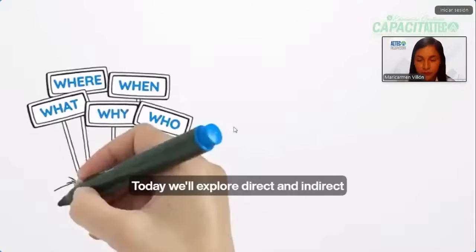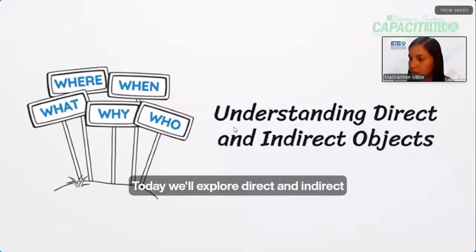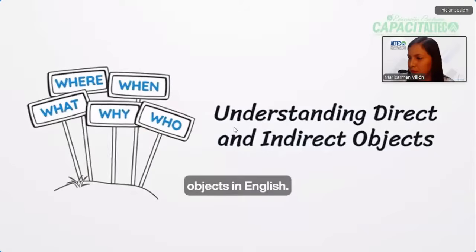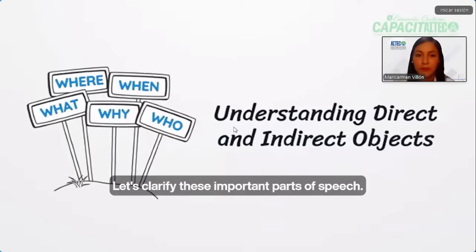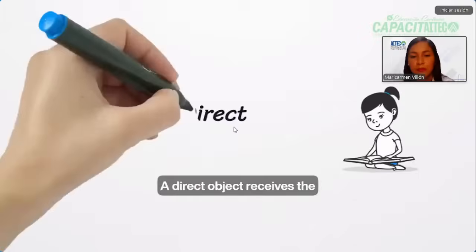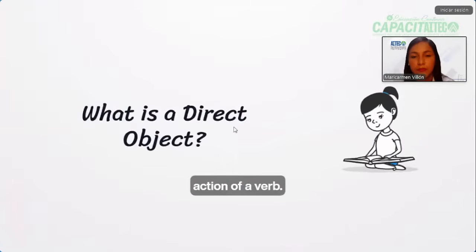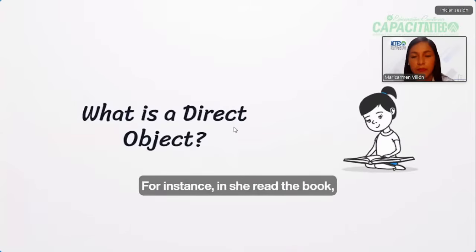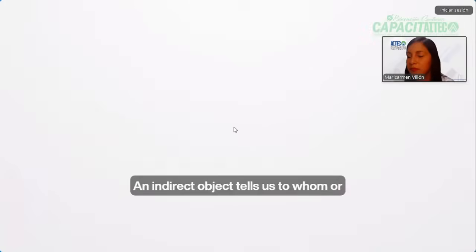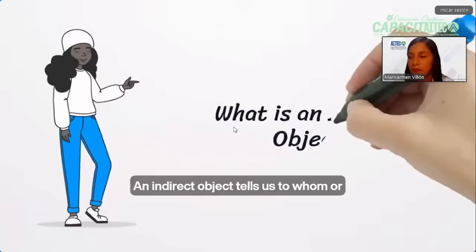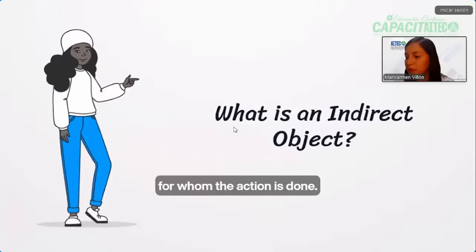Welcome. Today we'll explore direct and indirect objects in English. Let's clarify these important parts of speech. A direct object receives the action of a verb. For instance, in she read the book, the book is the direct object. An indirect object tells us to whom or for whom the action is done.